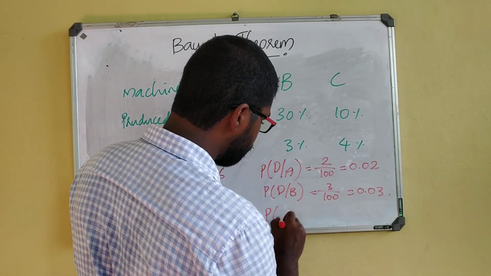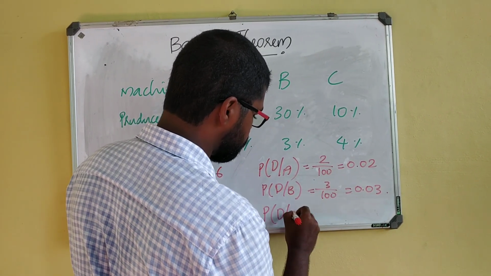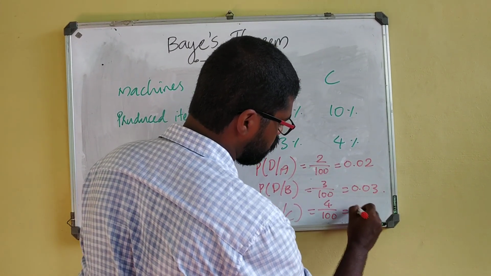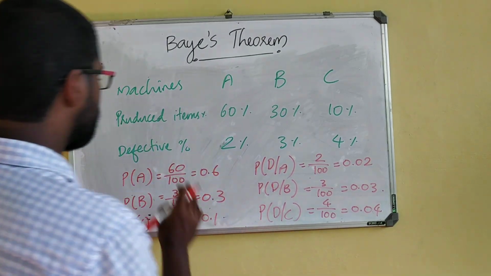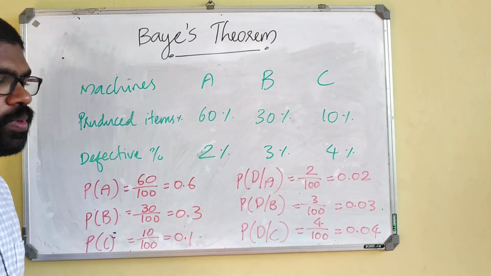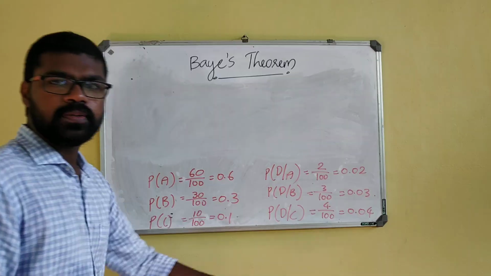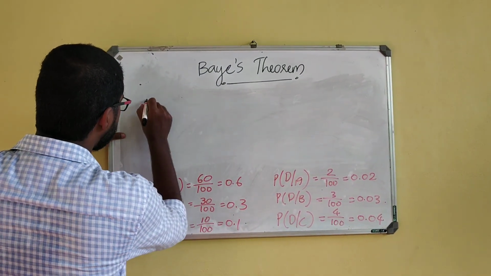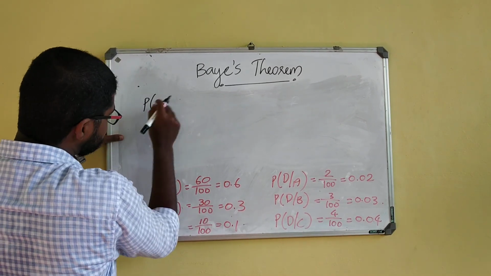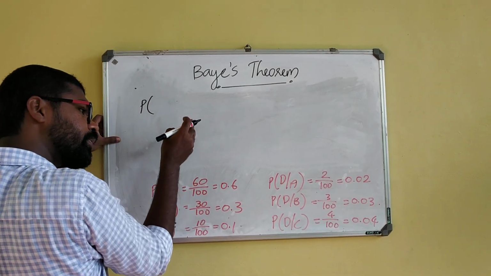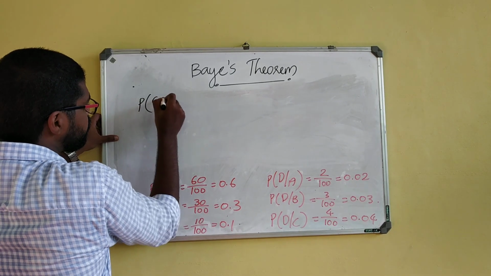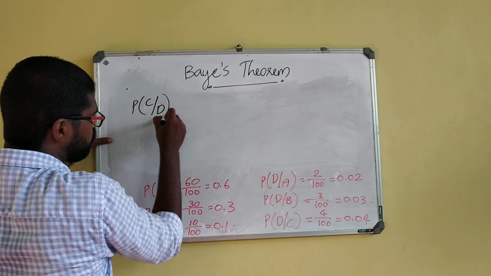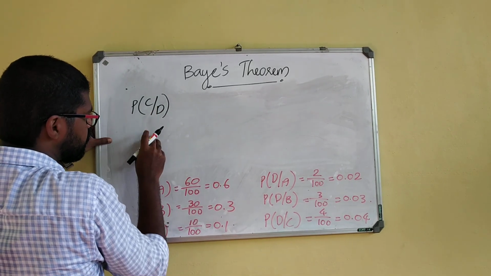And probability of a defective product produced by machine C is equal to 4/100, so it is 0.04. So these are the normal probability and conditional probability of this question. So our question is, what is the probability that a defective product was produced by machine C? Okay, so that is machine C given the products were defective. Write the case once again.